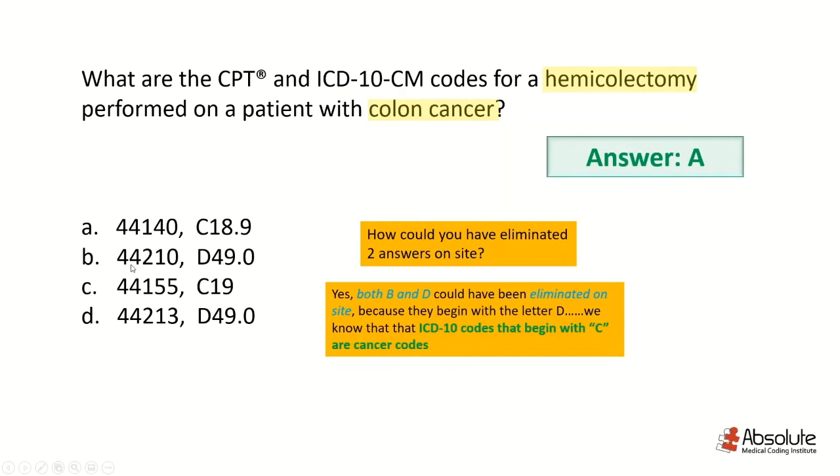That would have eliminated B and D right on sight, because for the colon cancer, we're looking at D49 and D49. Well, we know these are not cancer codes, so we could have taken these two off the table. We often don't default to those, but when you have a scenario like that, use that concept of what you can see on sight.